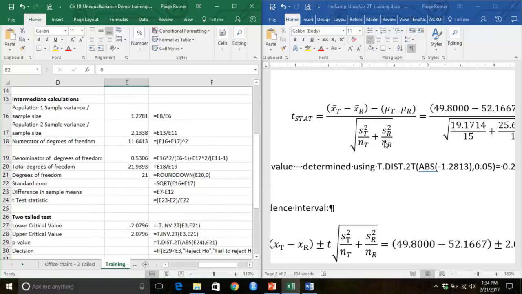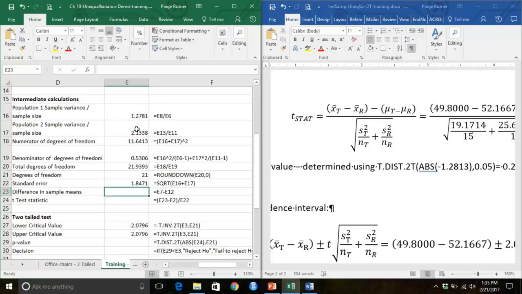Now, notice that the standard error computation takes advantage of some things that we've already computed, namely that we've got the variance over the sample size for both the traditional training group and the revised training group. So that actually simplifies our standard error computation, because what I'm going to do is just take the square root of variance over sample size for the traditional group plus variance over sample size for the revised group.